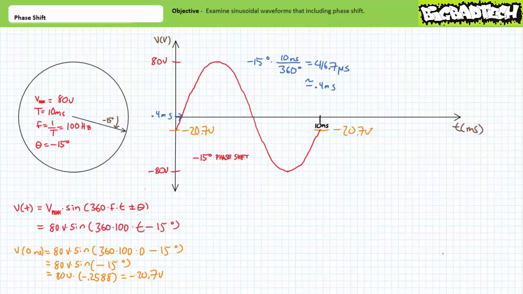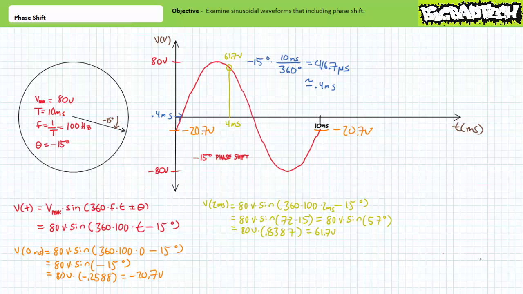Using the expression accounting for phase shift, one can also calculate output voltage magnitude at specific times as we did previously. For example, at 2 milliseconds, one would substitute 2 milliseconds into our expression to arrive at 80 volts times the sine of 360 times 100 times 2 milliseconds minus 15 degrees, or 80 volts times the sine of 72 minus 15 degrees, or 80 volts sine 57 degrees, meaning that at a time ordinarily corresponding to 72 degrees, this sine wave has a value equivalent to a normal sine wave at only 57 degrees.